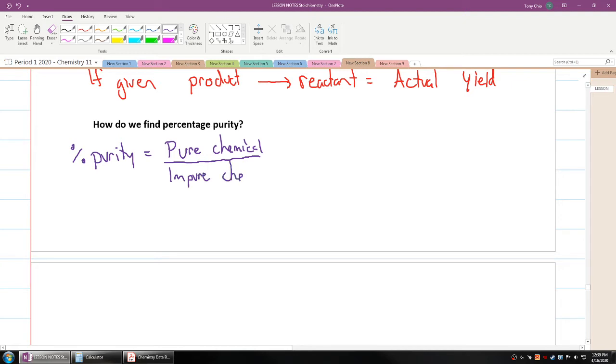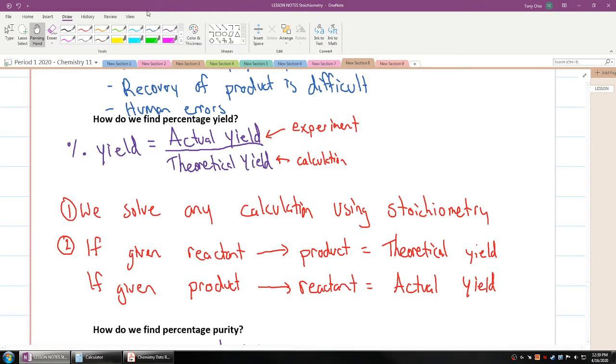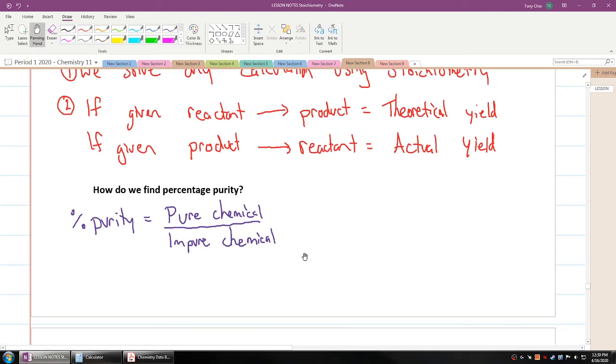So if you know how pure your chemical is, you just gotta divide it by how impure your chemical is. Now don't forget, because these are all percentages, you're always going to multiply these by 100% to get the percentage. Same with this one.